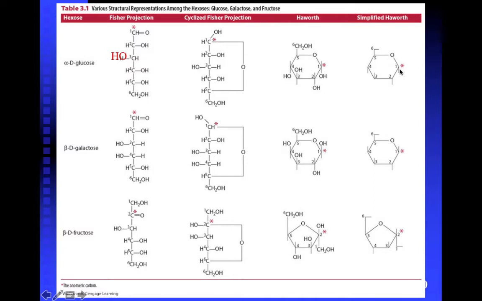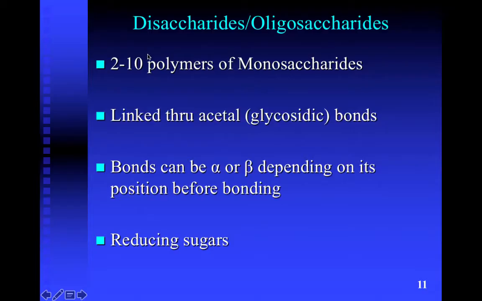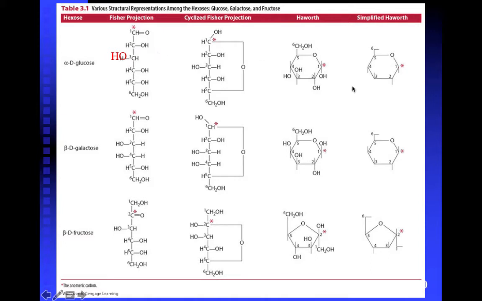Now, sometimes when these cyclic structures form, that hydroxyl group is up. And it has to do with the position of this oxygen in the aldehyde before this cyclic structure forms. We won't go into all that. Just remember the hydroxyl group can be up or down. If I say draw beta D-glucose, then in the simplified Haworth, you're going to flip that hydroxyl group to be up. That would be beta D-glucose.